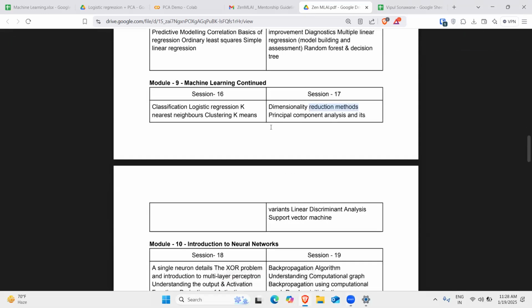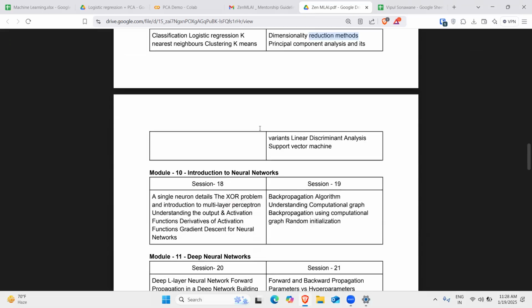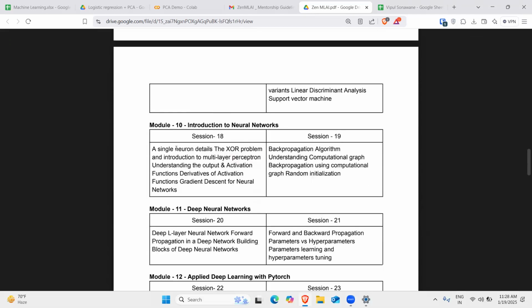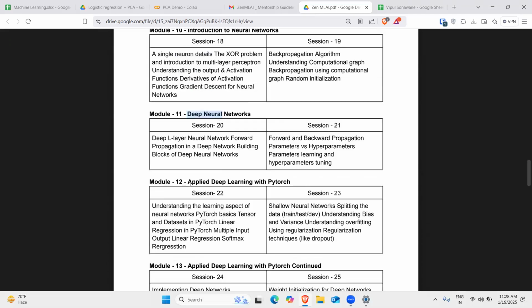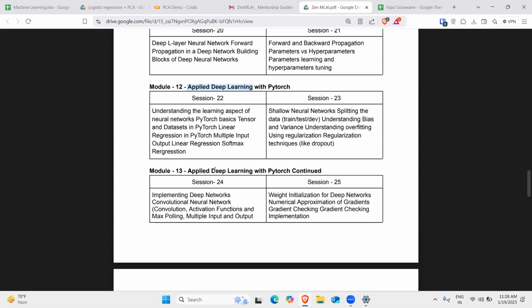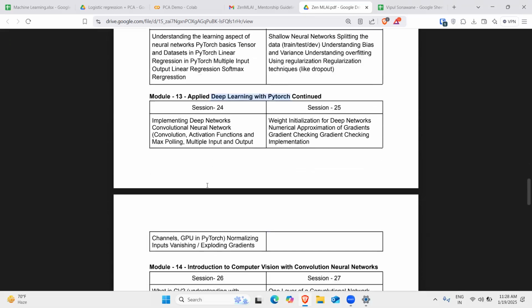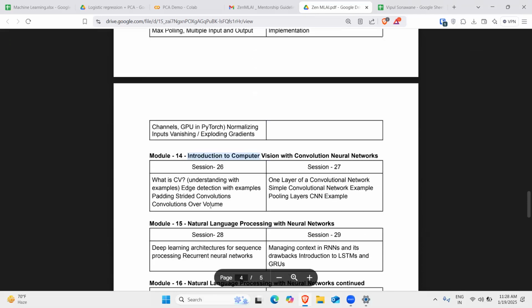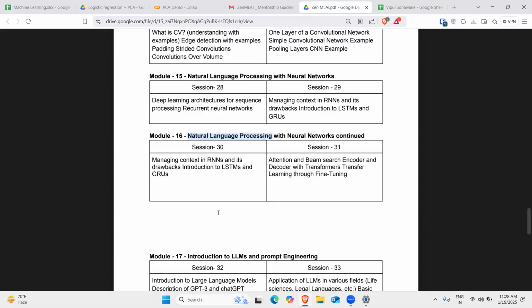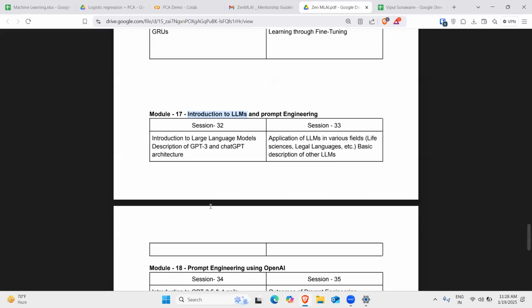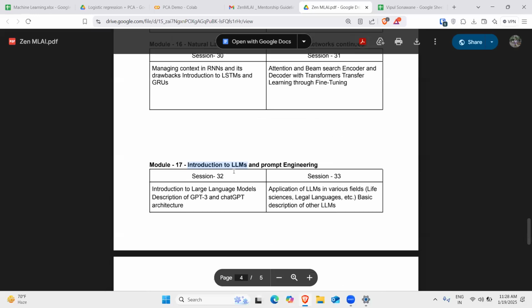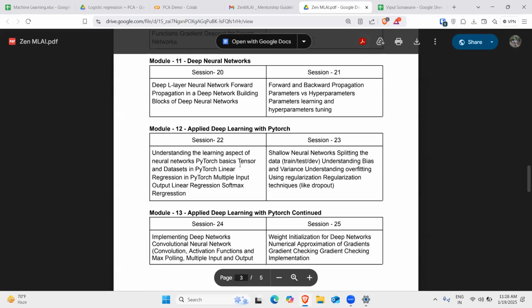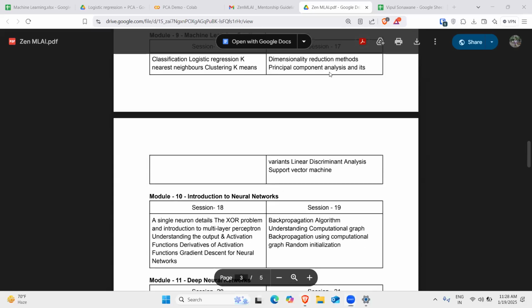Module 9 is finished. We still have module 10, deep learning. Okay, apply deep learning with PyTorch. This is what we have. Then modules 14, 15, 16, 17, 18. Perfect. All right. So today was our 32nd session, I think, right?